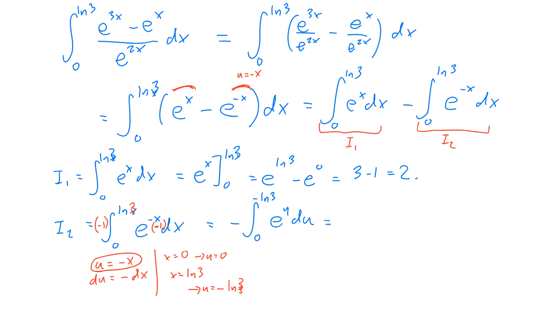So the integral of e to the u is just e to the u. So I have negative e to the u taken from 0 to negative natural log of 3, which will be minus e to the minus natural log of 3 plus e to the 0. That's feeling right.